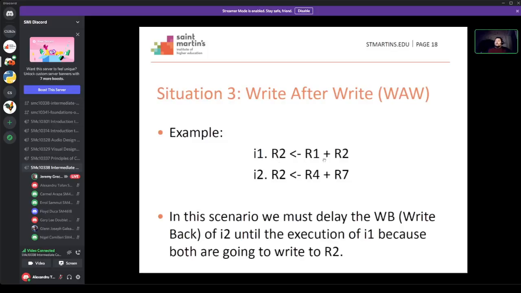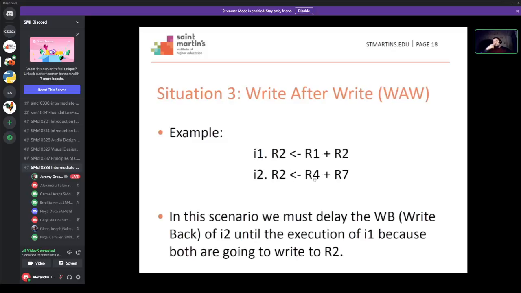First, in this case, the first instruction is basically saying, I'm going to update register 2 with the data within register 2 added with the data within register 1. If register 2 is somehow updated before this execution, then essentially what we're going to get is a false value within register 2.